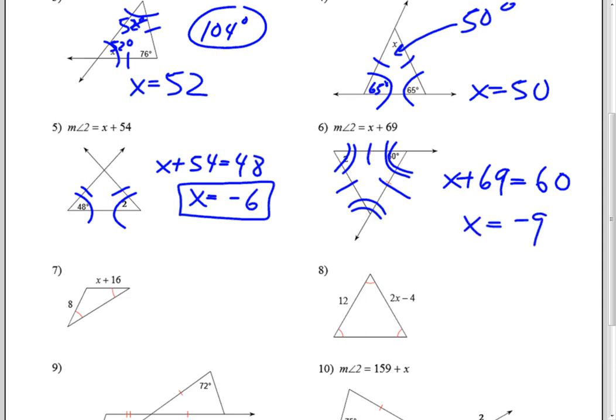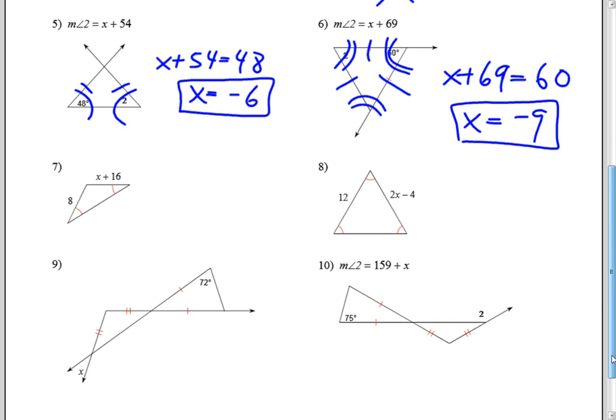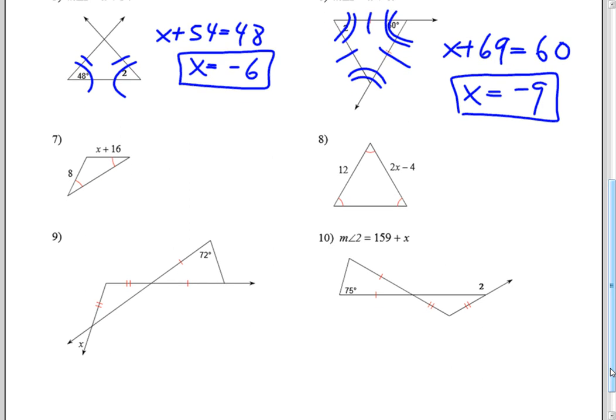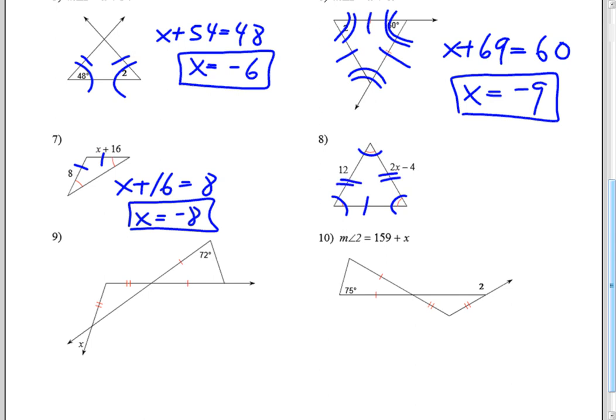Get another negative variable value. Equal angles, equal sides. Equal angles, equilateral triangle, therefore the sides are equal.